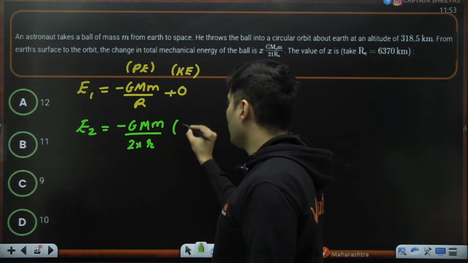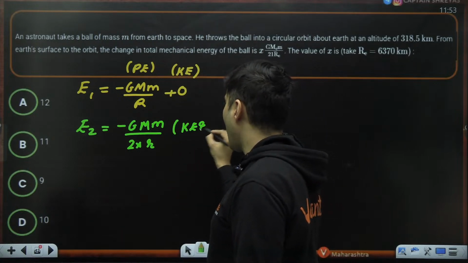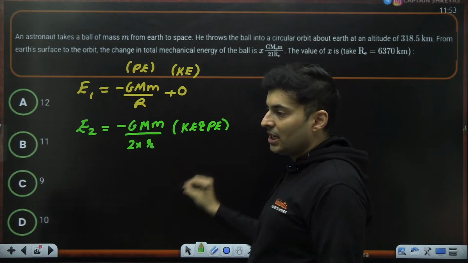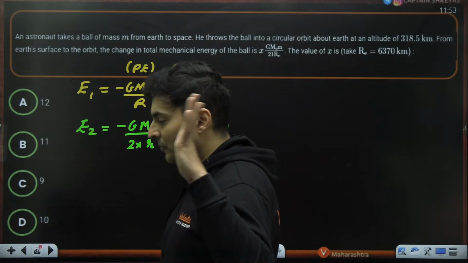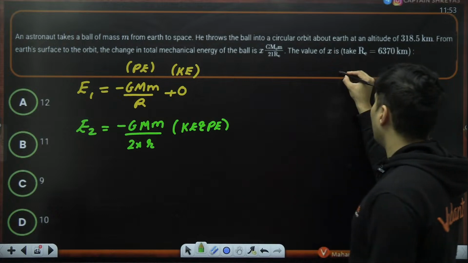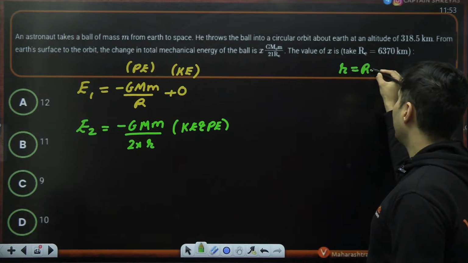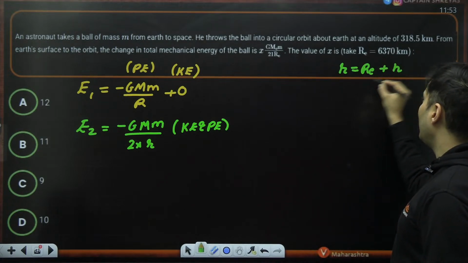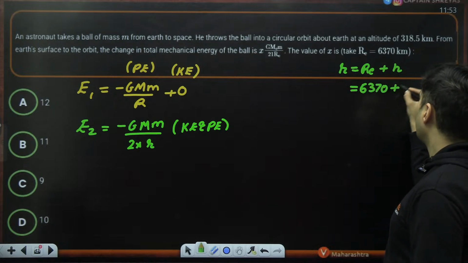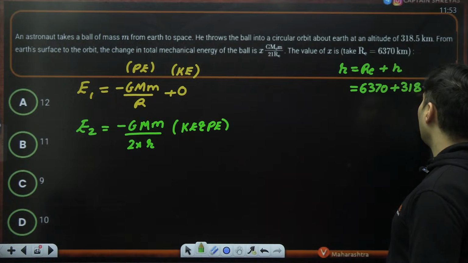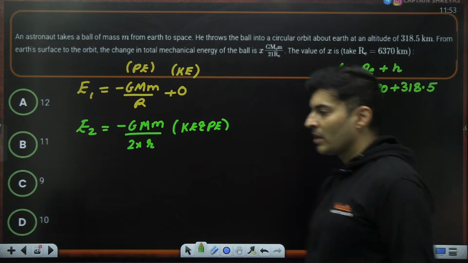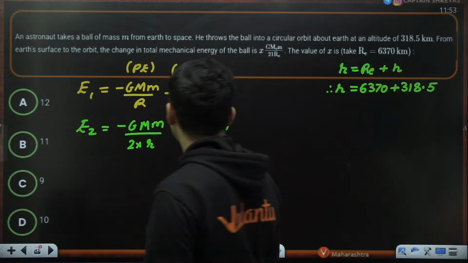This includes your kinetic energy and your potential energy. This is the total energy of a satellite in that orbit, 2r. Now, what is that r? We can find it right from here. It is the radius of Earth plus the altitude. So it will be 6370 plus 318.5. That is your radius.